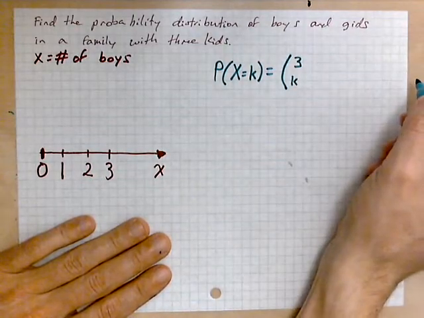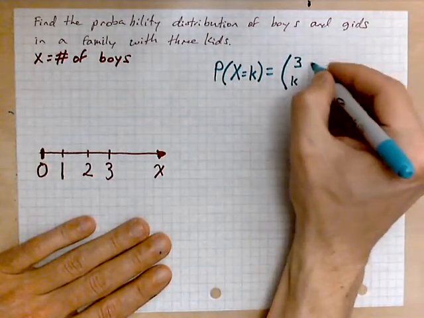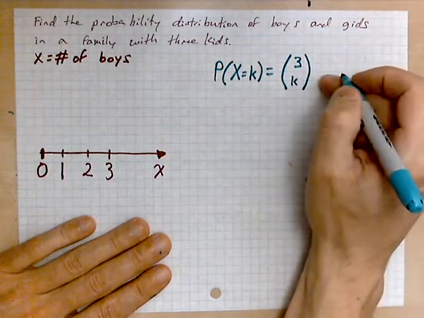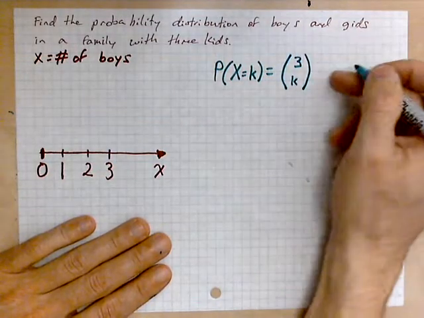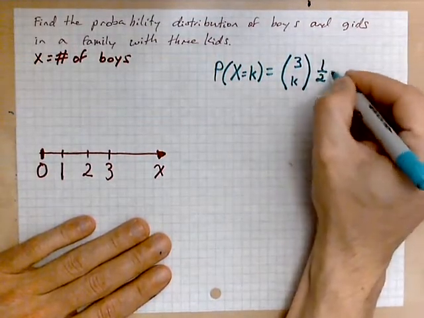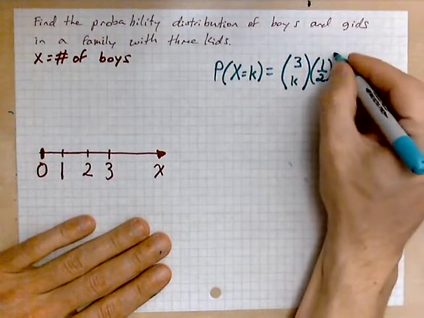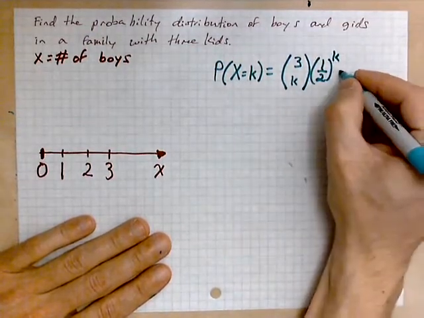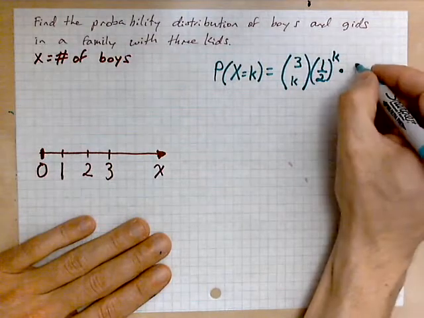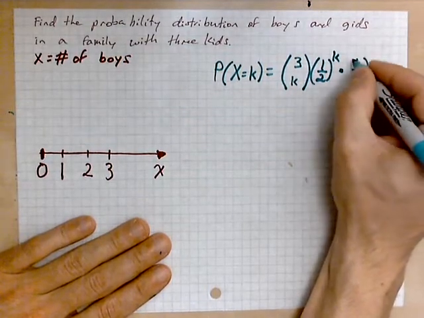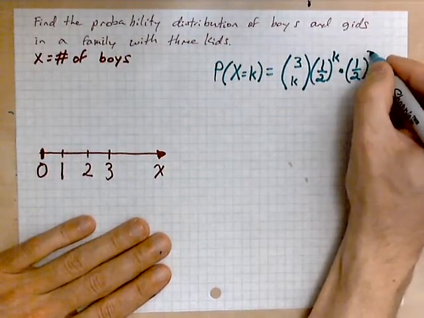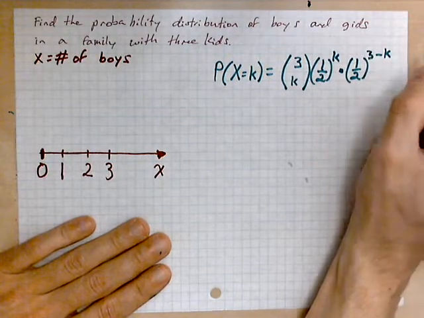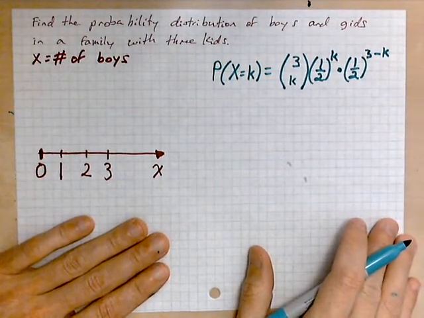This is the binomial coefficient you're seeing here. The probability per trial is 50%, so it's a half raised to the k, times the probability of failure, which is now 1/2 to the 3 minus k. Okay, there we are.